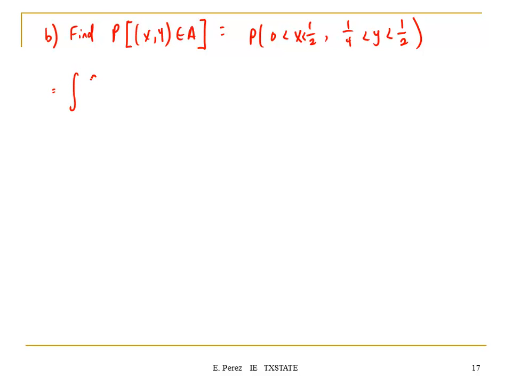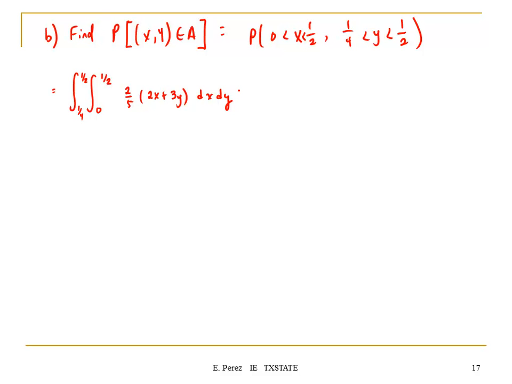The limits for x go from 0 to 1/2, and the limits for y will go from 1/4 to 1/2. And our joint density function is 2/5 times (2x plus 3y) dx dy. Any questions about how to state that integral?